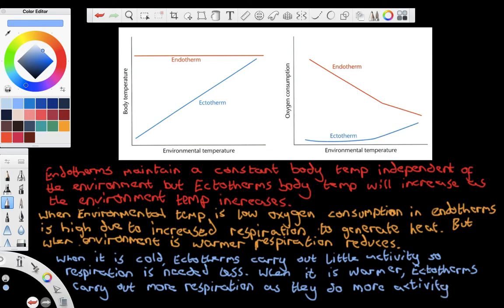Now, the reason I bring up these two graphs is because they are very common in A-level exams. This one is usually answered very, very well. This one, not so much. So, essentially, what you need to know, I'm going to put it in red, is with endotherms, they are doing more respiration, and down here, they are doing less respiration.